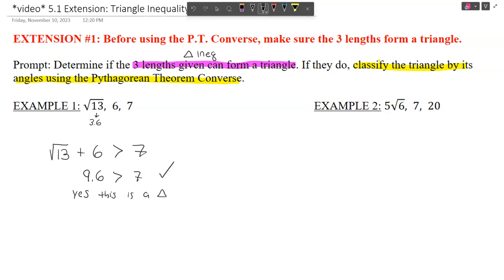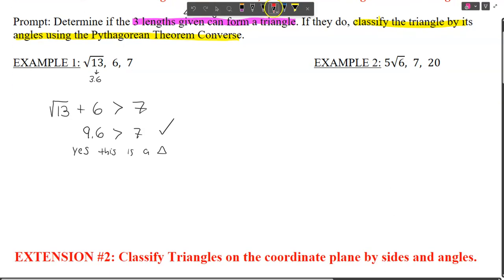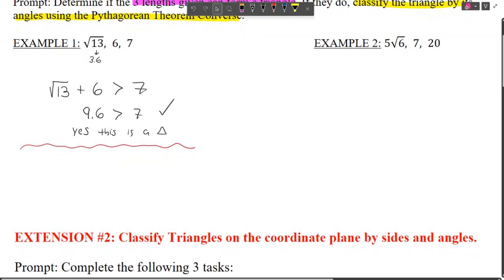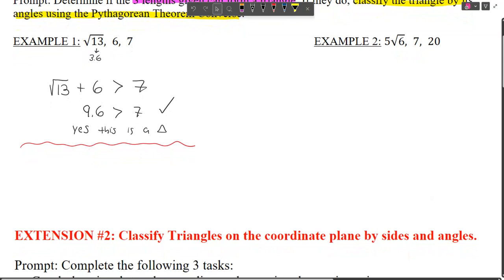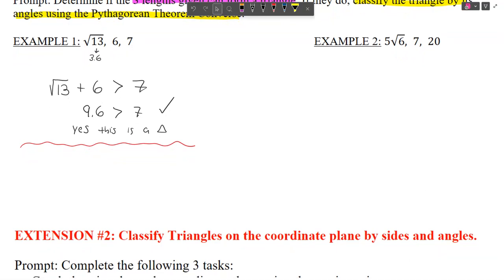Now that we have that taken care of, it's time to use the Pythagorean theorem converse. This is the reason I wanted to show this, because there's a difference. For the triangle inequality theorem, you simply add the two sides and they must be larger than the third side. But for the Pythagorean theorem converse, I take the two shortest sides and square each of them. I'm going to put a question mark here because I don't know what the inequality or equality sign will be.